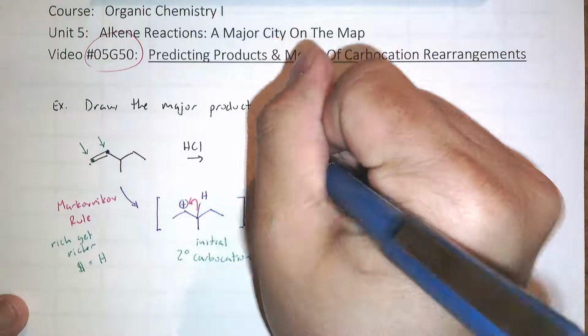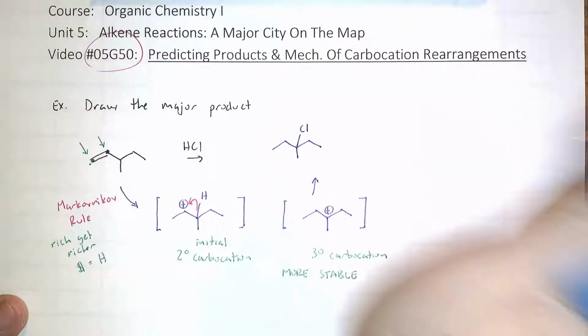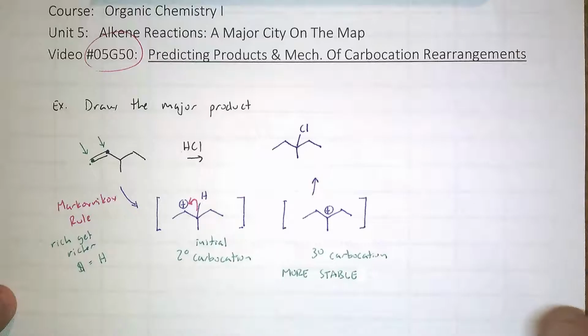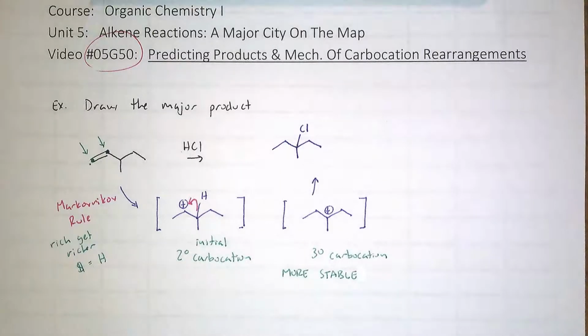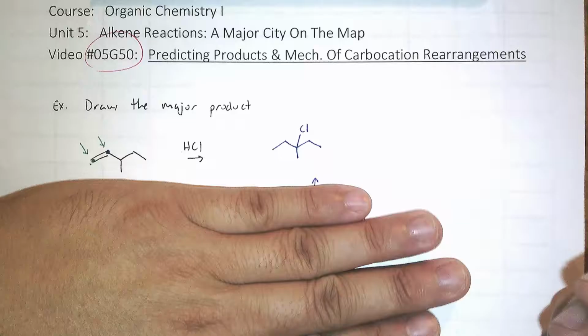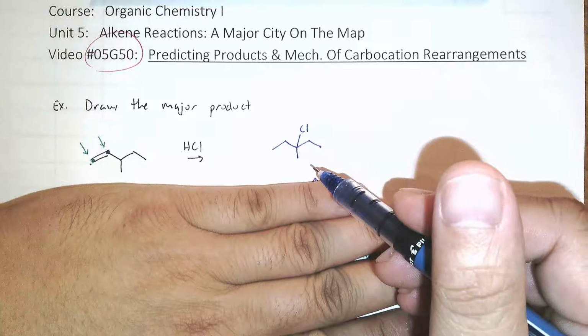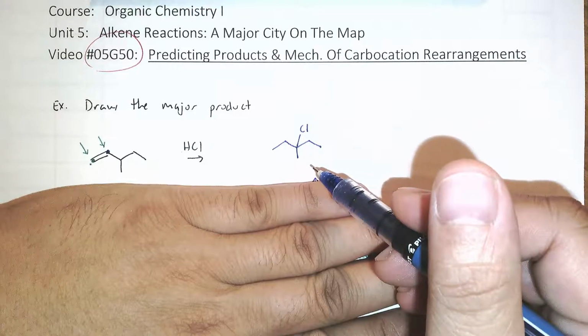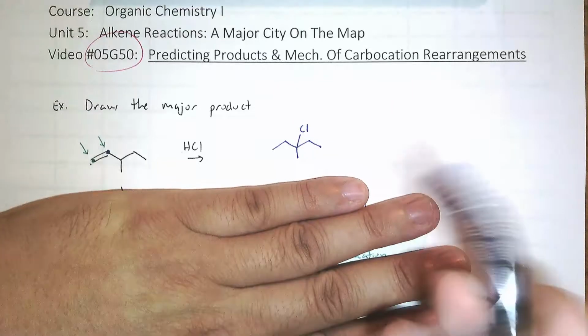The final answer, if I wanted to draw the major product, would be this. The chlorine's there. That's unusual because you would have expected the chlorine to go here, right? So another way that they could ask this problem is if they say, how did this happen? Then the professor is implying that you should draw the mechanism. Because, again, the chlorine's ending up on the carbon that wasn't part of the double bond.